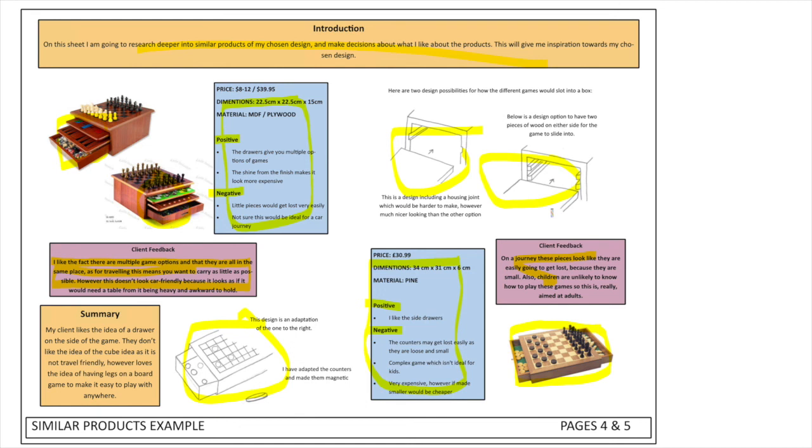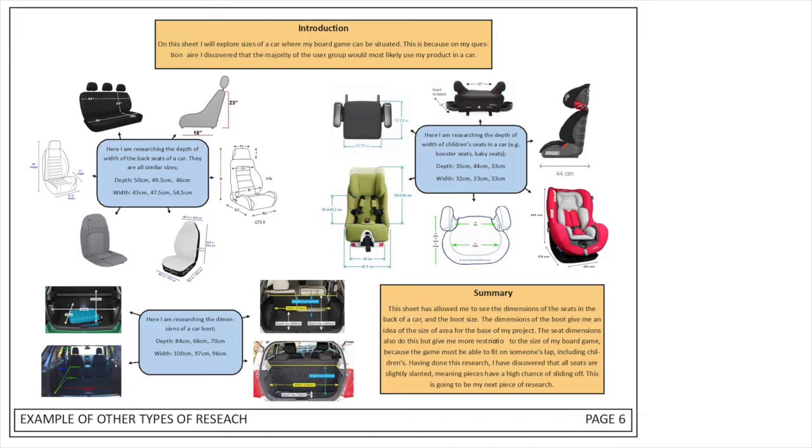So there are many different ways of doing it. Again, this person has decided to do some extra research before they speak to their client or before they start coming up with ideas, based around child seats and types of research in terms of comfort when travelling. So again, there is no set list of research. There is no set amount of research.